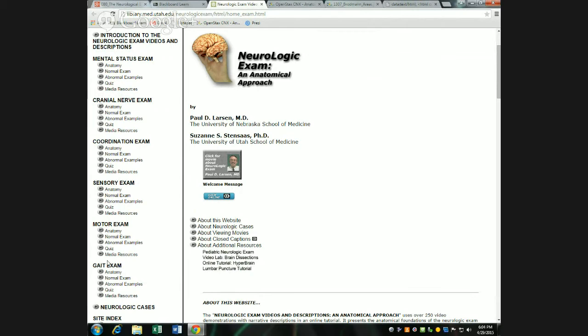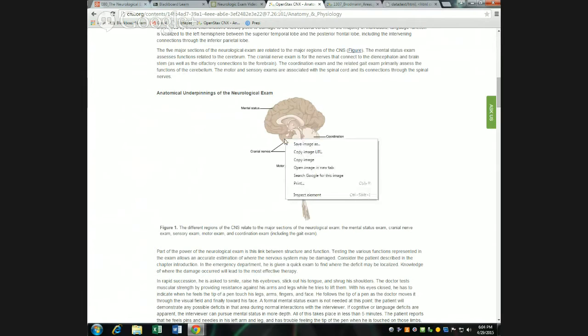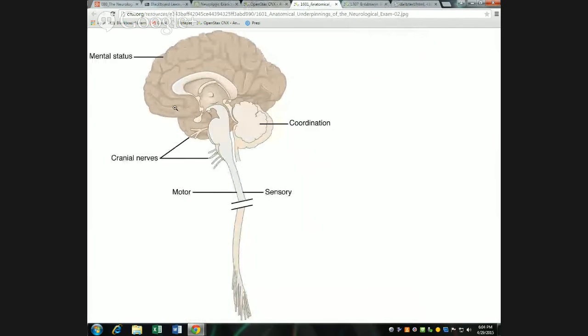The gait exam is really just a subset of or related components of the coordination exam. And when we get to talking about that, I'll explain what that means. So back to this picture. The point of this picture is it shows which parts of the nervous system those exams target.